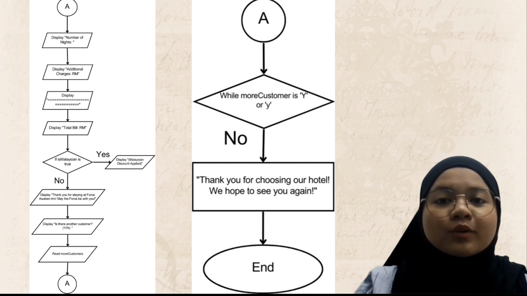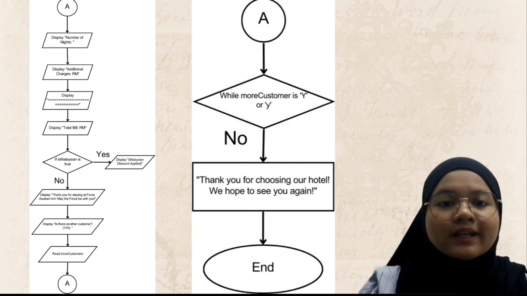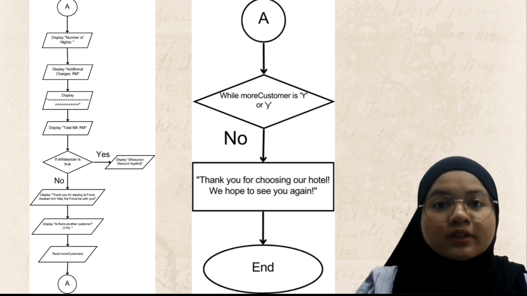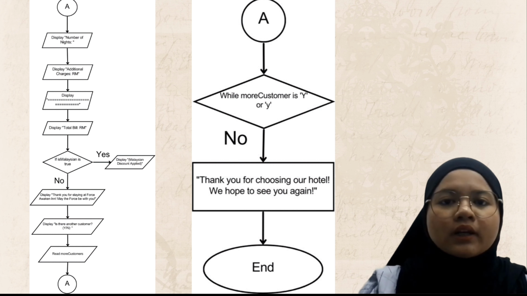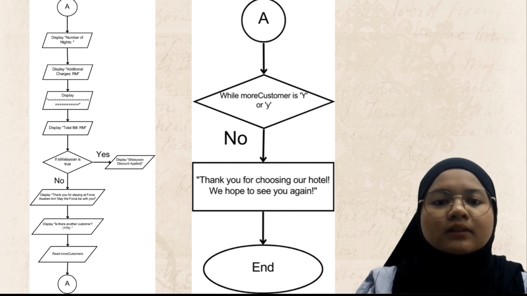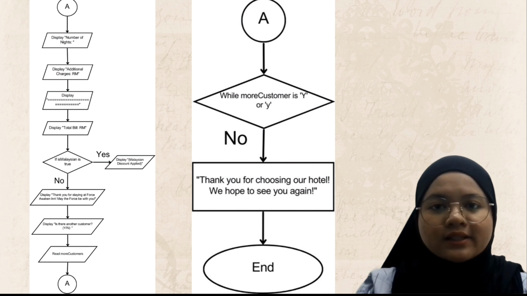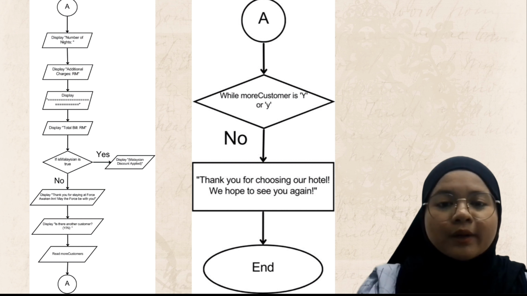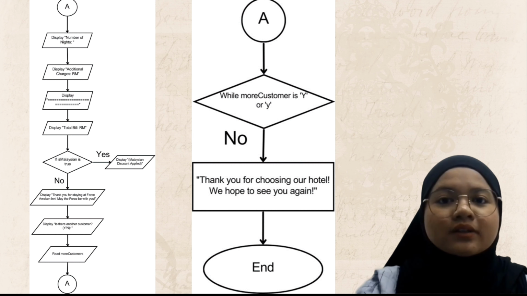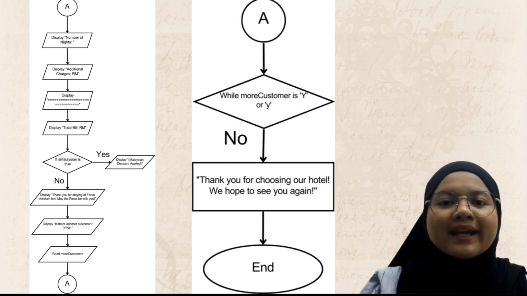And then the program will display, is there another customer? The user needs to enter whether Y or N. And then after the user enters the answer, the program will read more customers based on the user's answer.